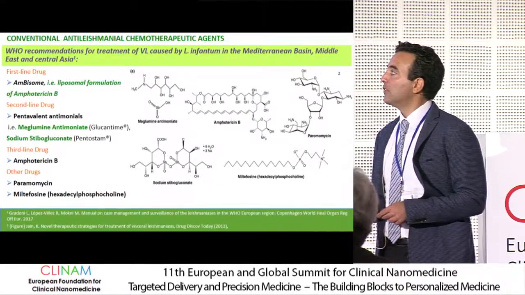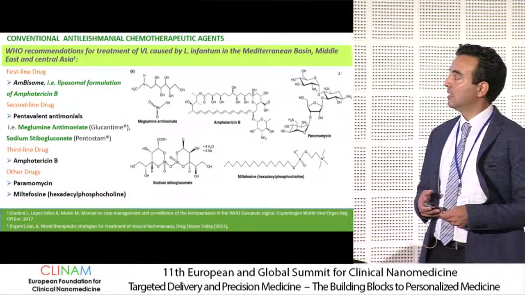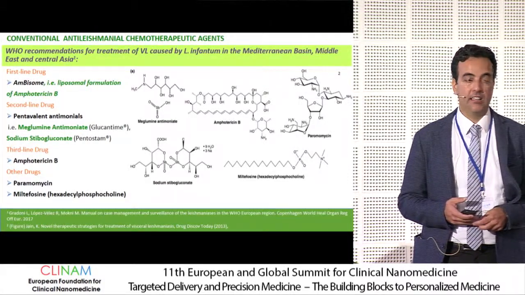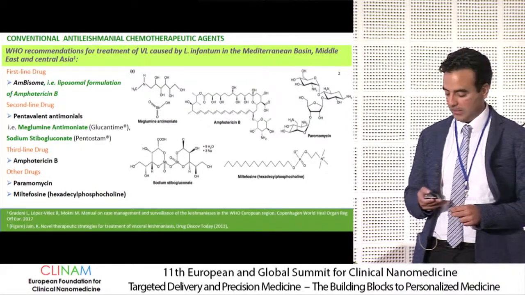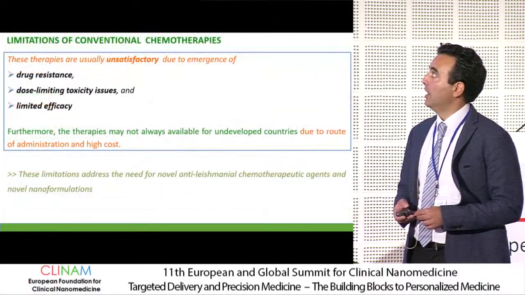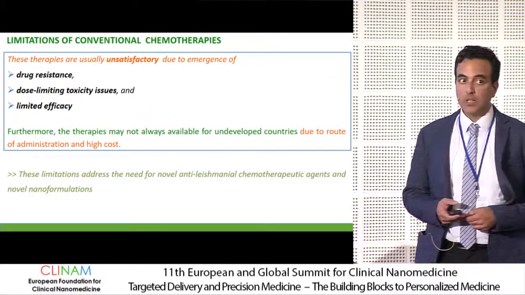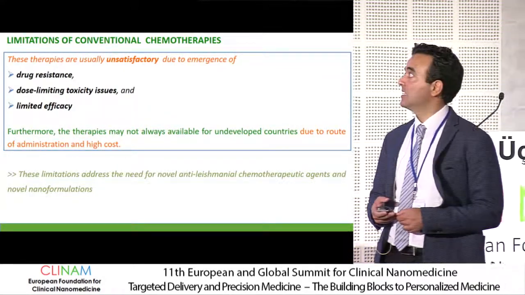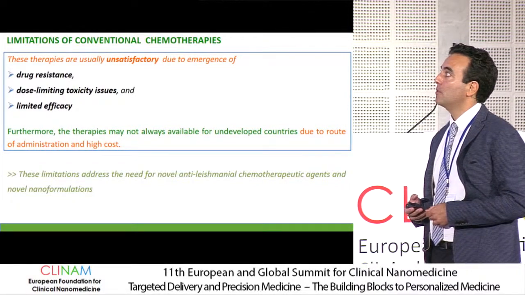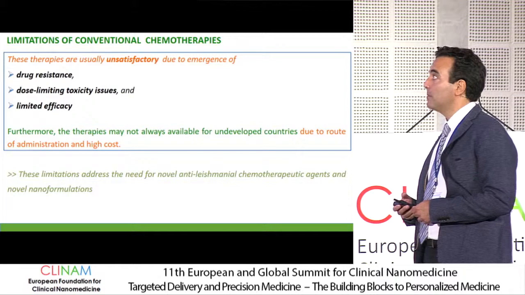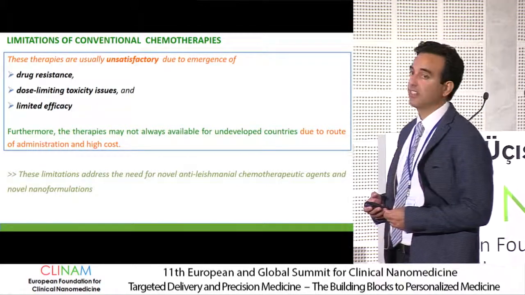Paromomycin and miltefosine are the other two options, but they are not highly recommended due to their lower efficacy and higher toxicities. Whereas we do have some chemotherapeutic agents, these therapies are usually unsatisfactory due to the emergence of drug resistance, dose-limiting toxicity issues, and limited efficacy.